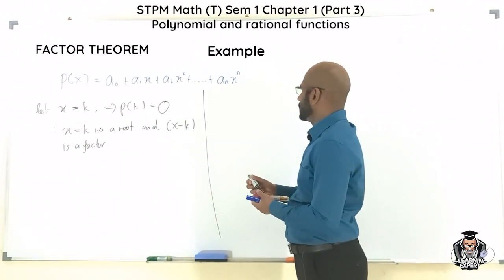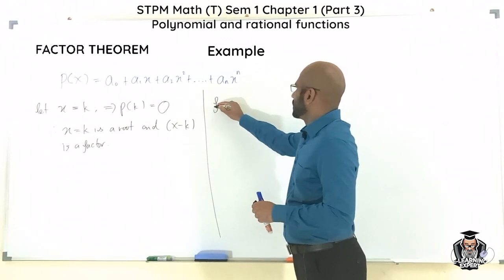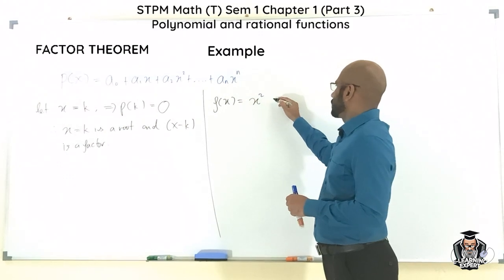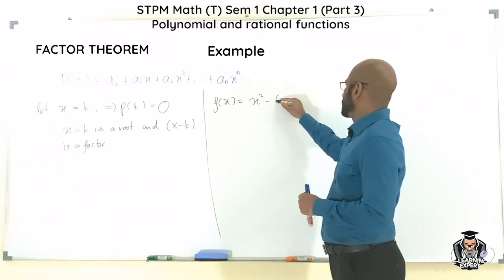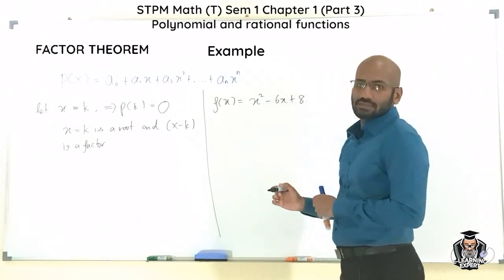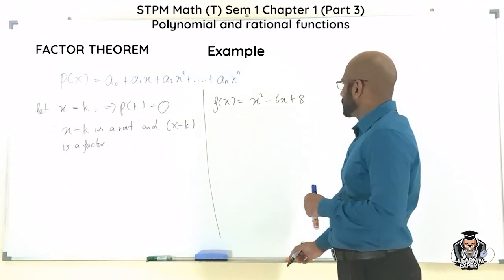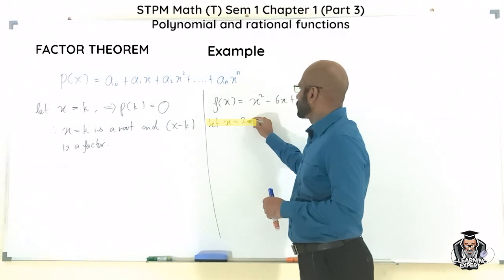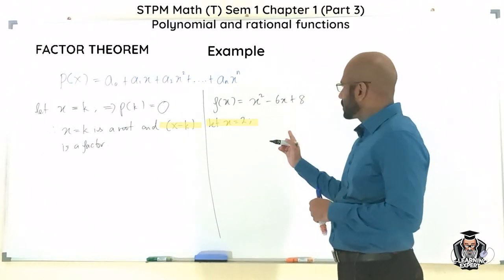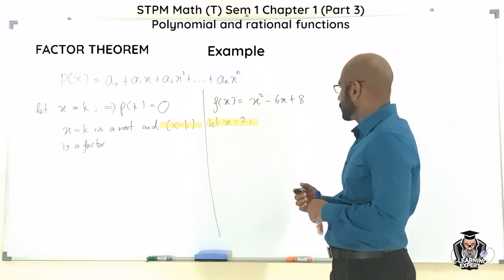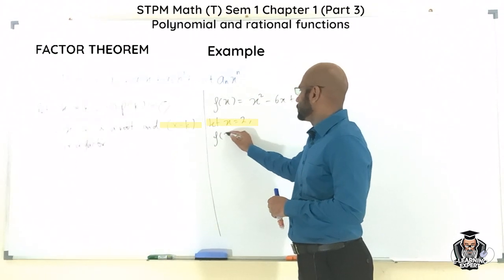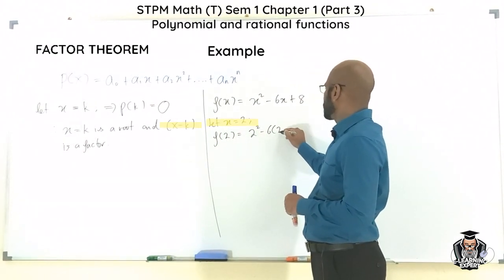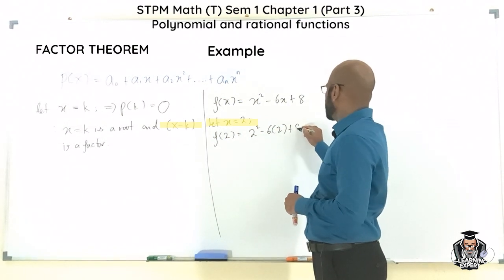Let's say we have this equation, f of x equals x squared minus 6x plus 8, and I'm going to let x equals 2. So watch what happens when we substitute x equals 2 into this equation. We have f of 2 equals 2 power 2 minus 6 times 2 plus 8.